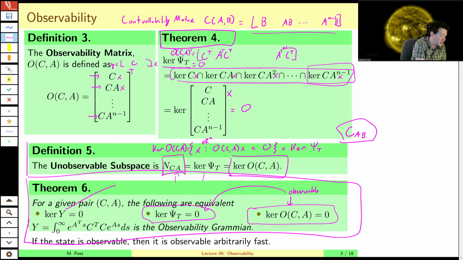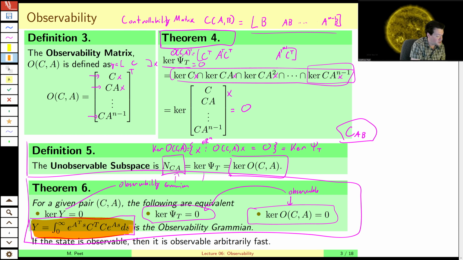This is the observability Grammian. If and only if that's a full rank matrix, right? So if we look at this Grammian, it's defined here. I'll highlight that one because it's an important matrix. So that's the observability Grammian.